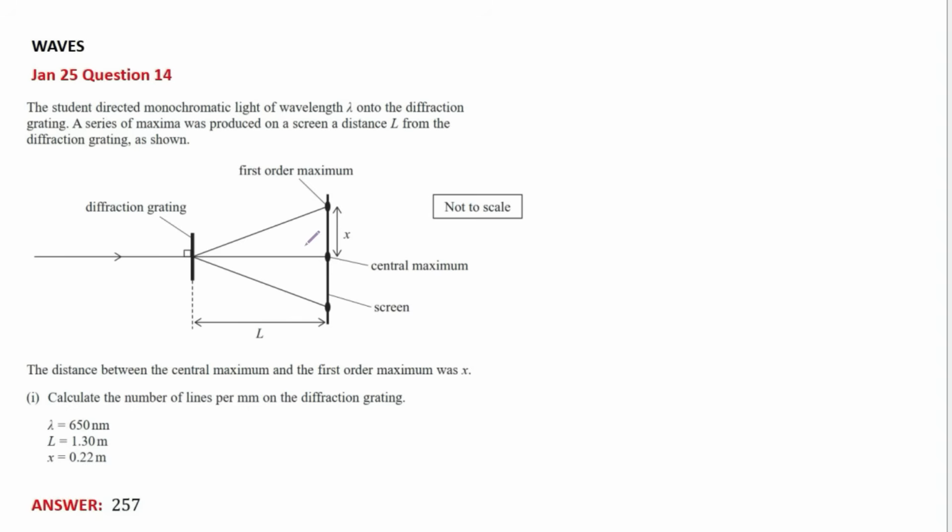Calculate the number of lines per millimeter on the diffraction grating. So the value of x is 0.22 meter, and the value of L is given as 1.3.